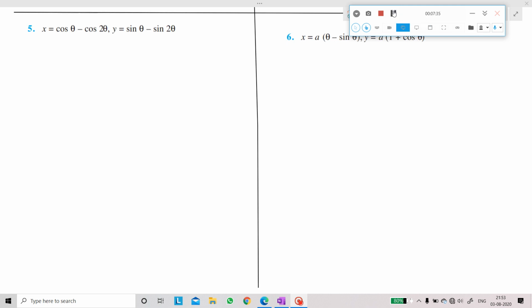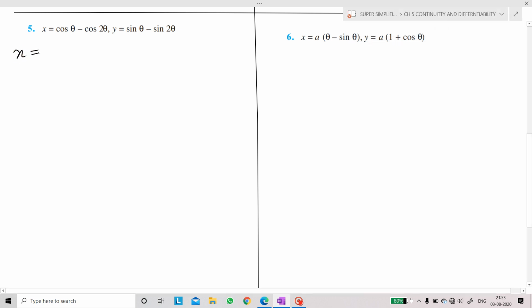Now we move to question number 5. As you can see in question number 5, x is in terms of theta and y is also expressed in terms of theta, and hence the parameter is theta. So x is cos theta minus cos 2 theta, and similarly y is given to be sin theta minus sin 2 theta.